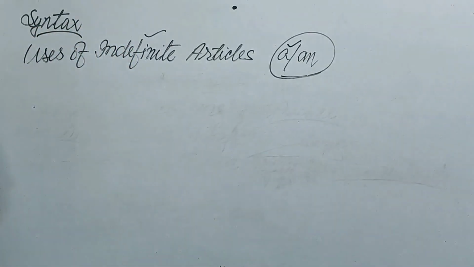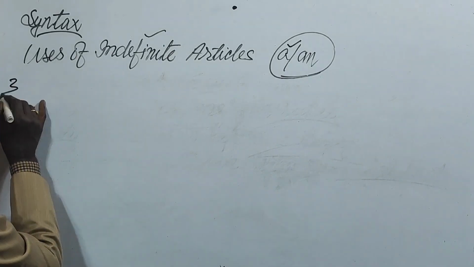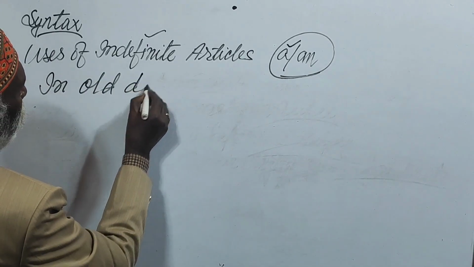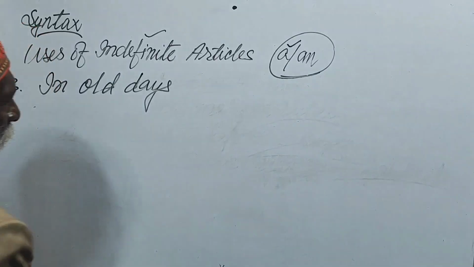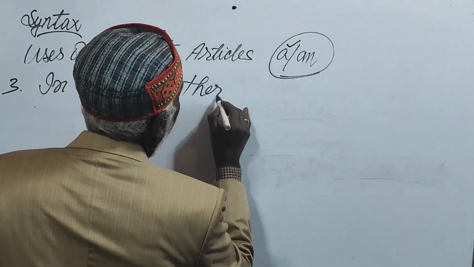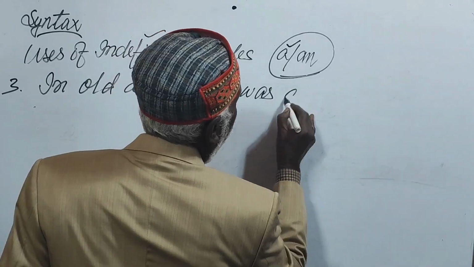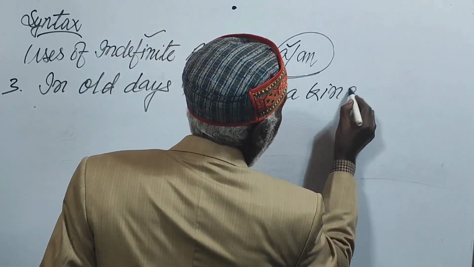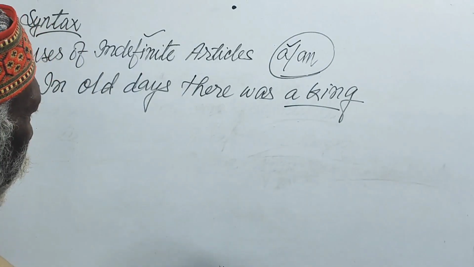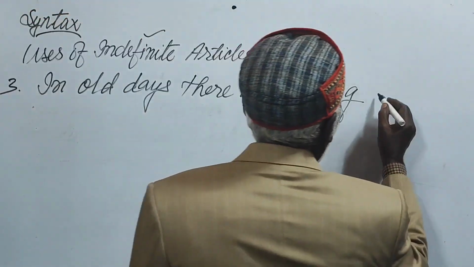So in the vague sense of something certain, the article a is used. Example: in old days, there was a king. There was a king, in India.